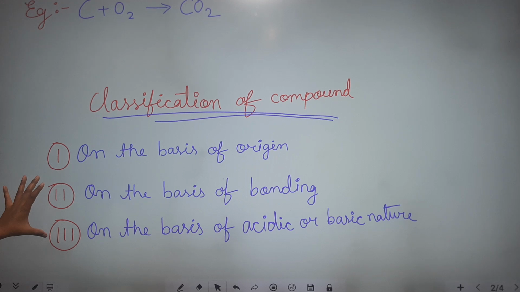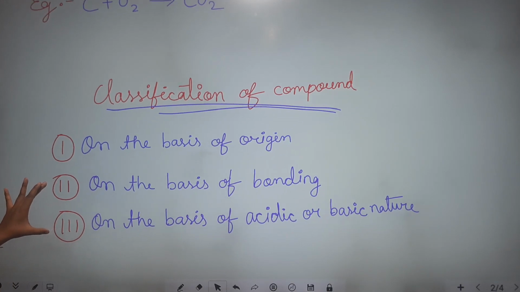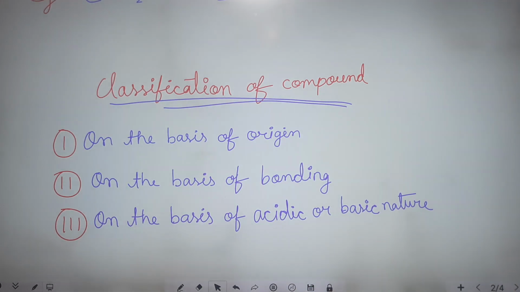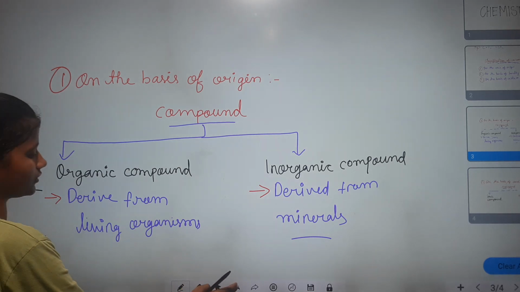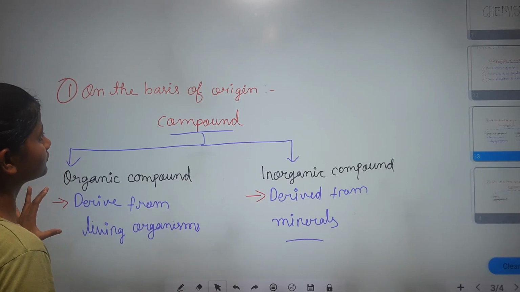After that, we discussed the classification of compound: first on the basis of origin, then on the basis of bonding, and last on the basis of acidic or basic nature. One by one, we discussed first of all the basis of origin.